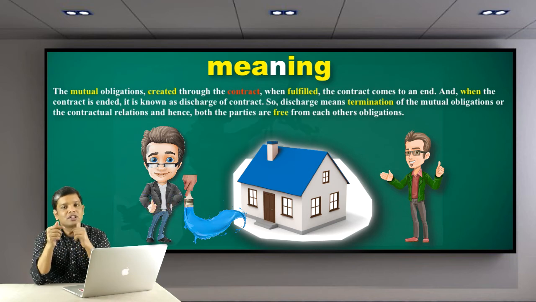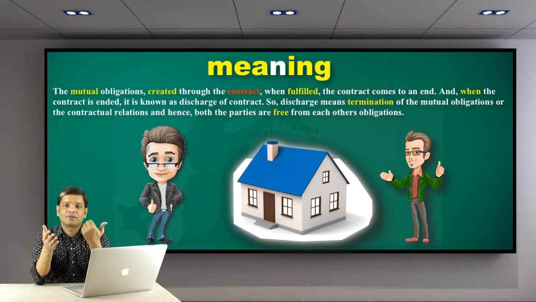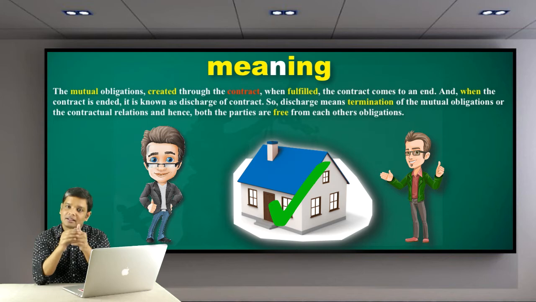Okay, so once you painted his house and he gives you the money, it is completed. You performed your part, your friend performed his part. So the contract is terminated because of the performance. So through performance the contract terminated, means it is discharged.